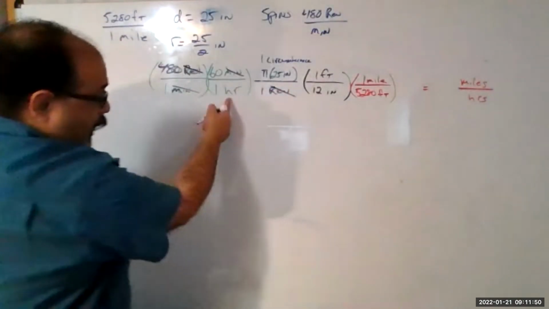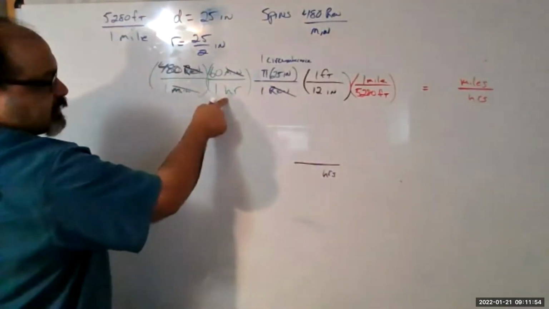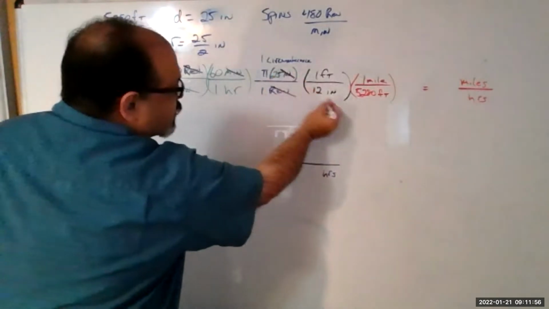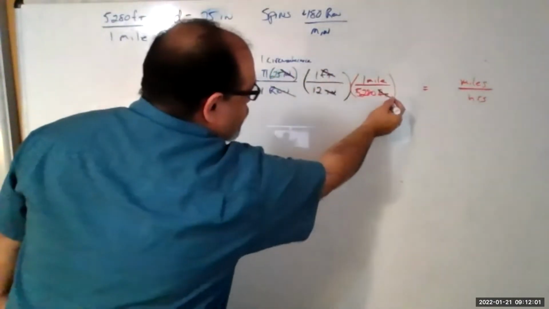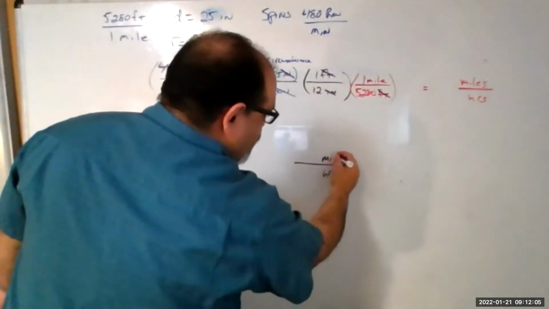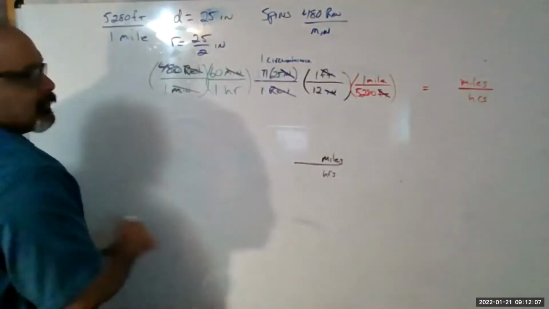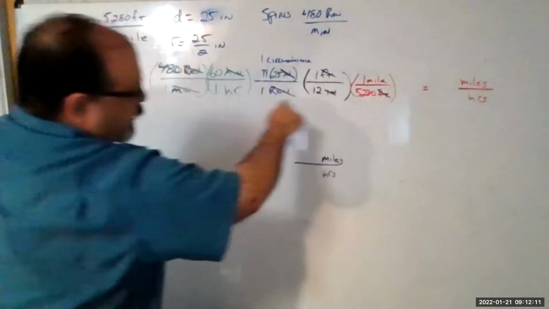And as we walk, I want hours down here. So that stays. Inches divided by inches reduce. Feet divided by feet reduce. So the only unit left up there is a mile. Miles in the numerator and hours are the only unit down here.